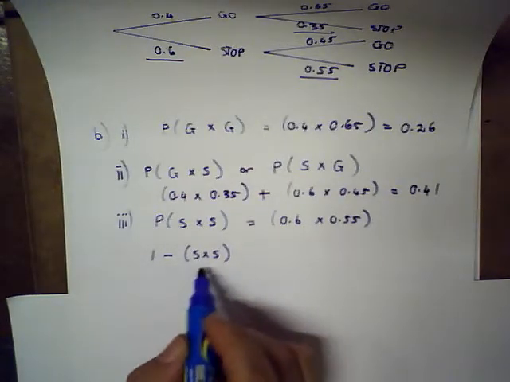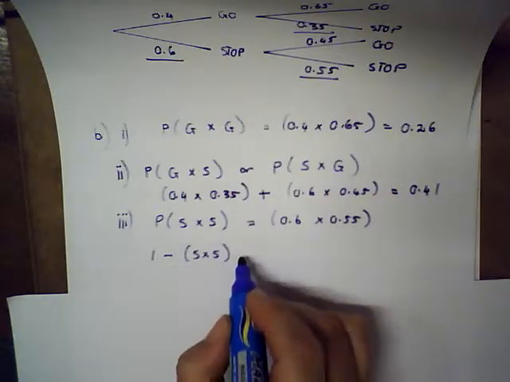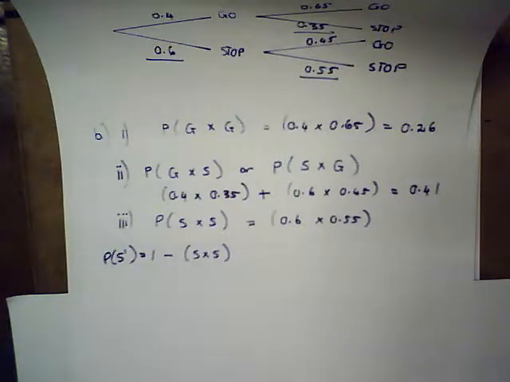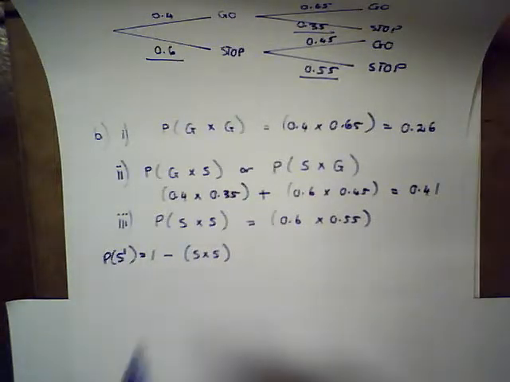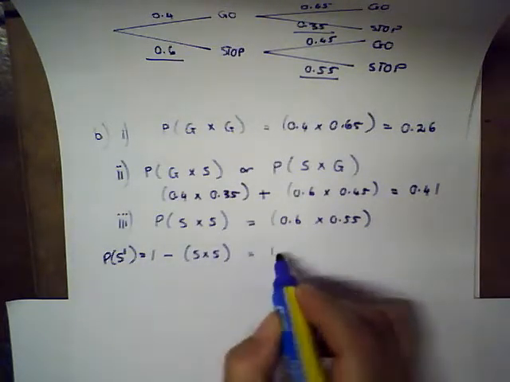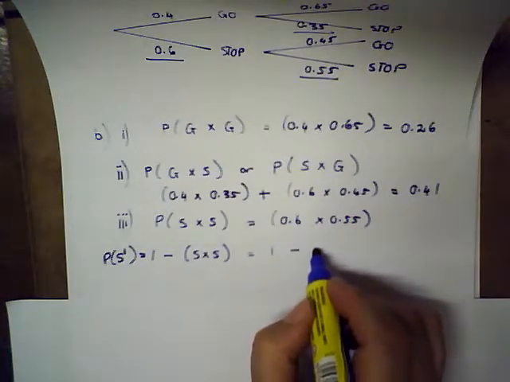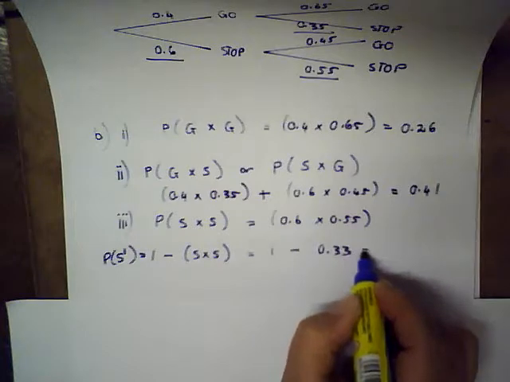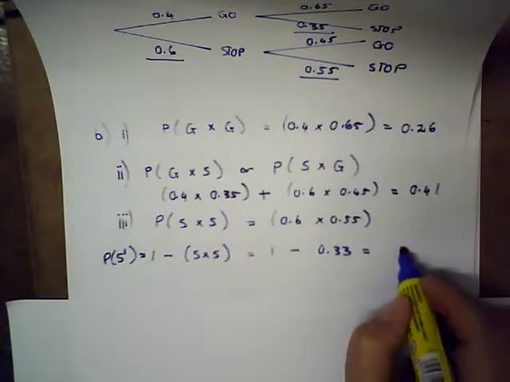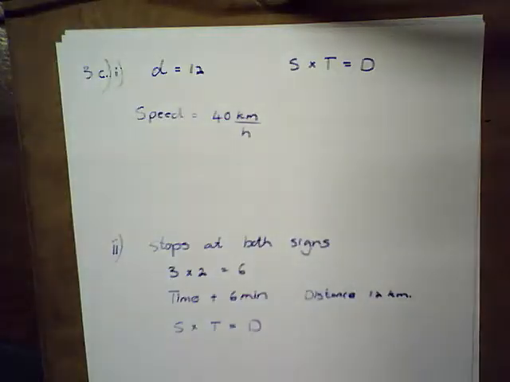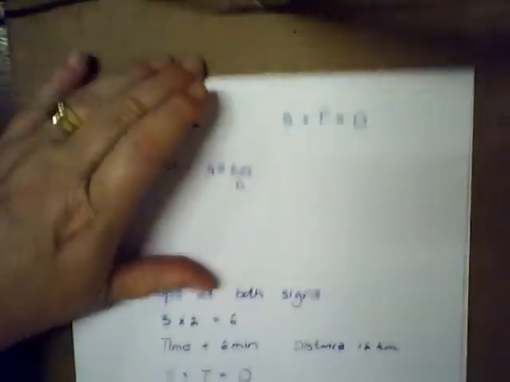So it's 1 minus the stop, the probability of not stop. That little dash next to it means not stop. So if I do that, it would be 1 minus the stop times the stop, which was 0.33, and the result would be 0.67. And we leave it at that. Good, let's move on to the next question.